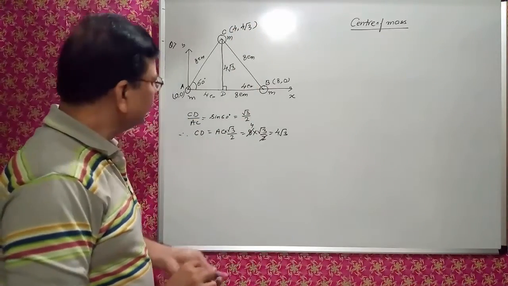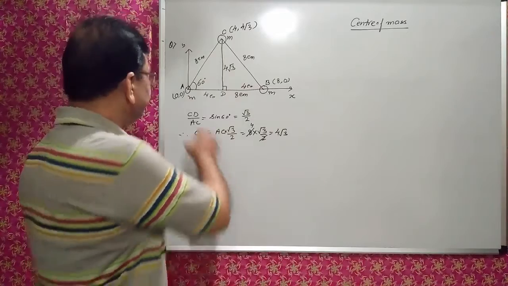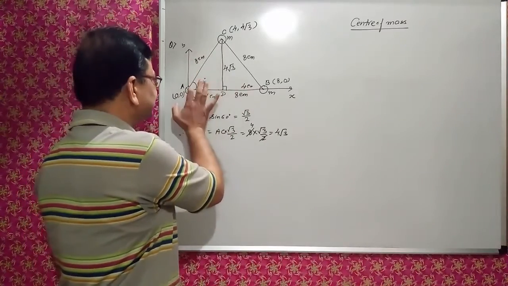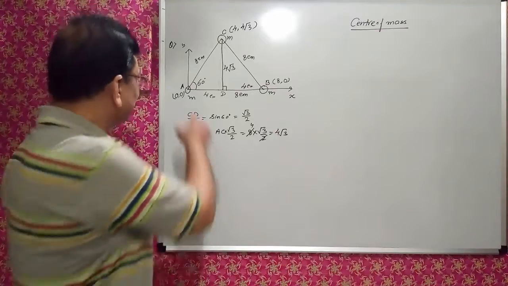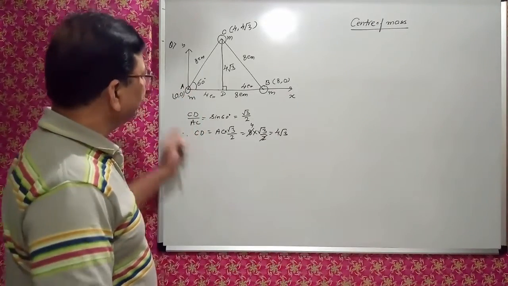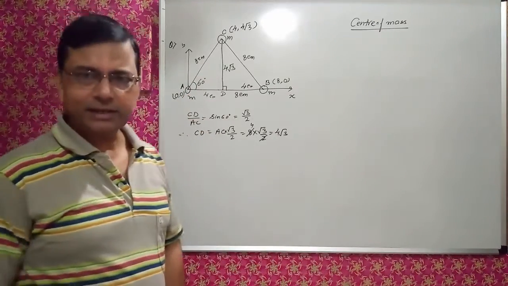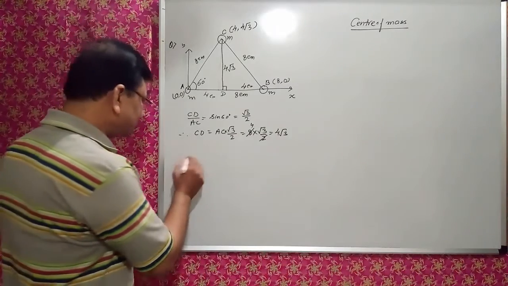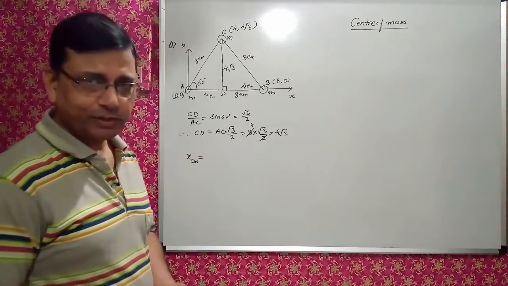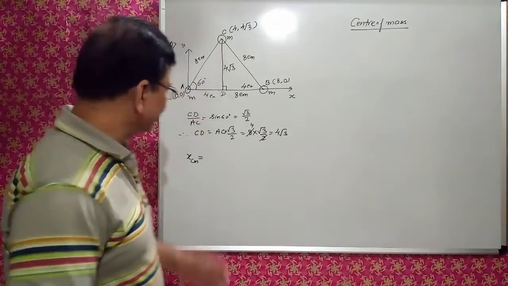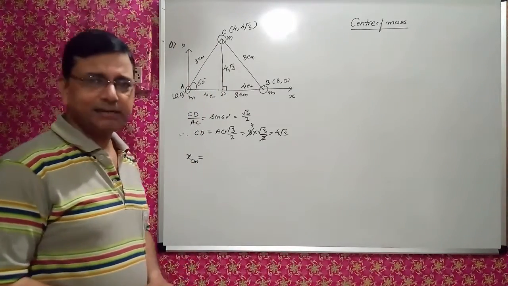So coordinate of all the 3 points with respect to this axis, with respect to this point, I have taken this point as the reference point. So we can find the coordinate of center of mass. So x coordinate of center of mass, as per the definition I have told you, x bar I had written. So here I have written xcm, cm is center of mass.